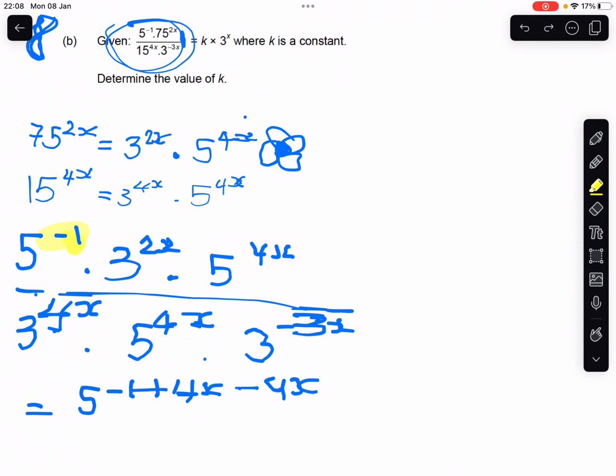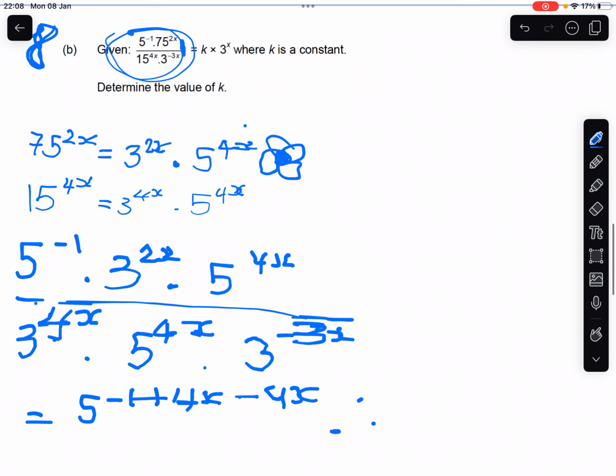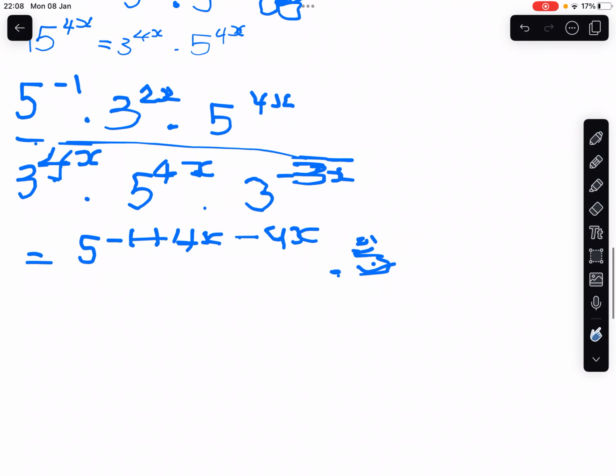And then let's simplify the bits involving base 3. So then we've got times 3. Okay, I think let me move the page up a bit because things tend to be a bit more predictable there. Right, so we've got 3 to the power of 2x, right?